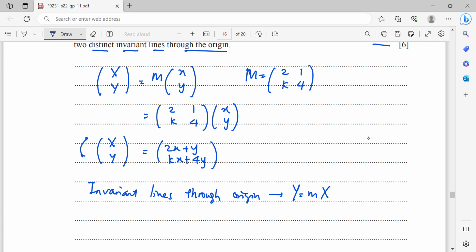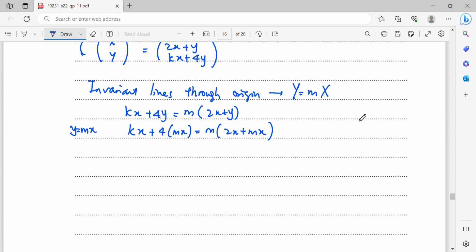So when y equals to mx means that kx plus 4y equals to m of 2x plus y. So now I will replace my small y by mx. So kx plus 4 of mx, because my y is mx, equals to m of 2x plus mx.